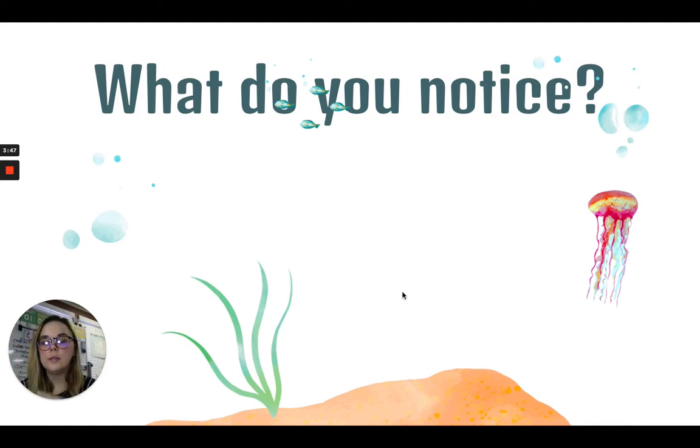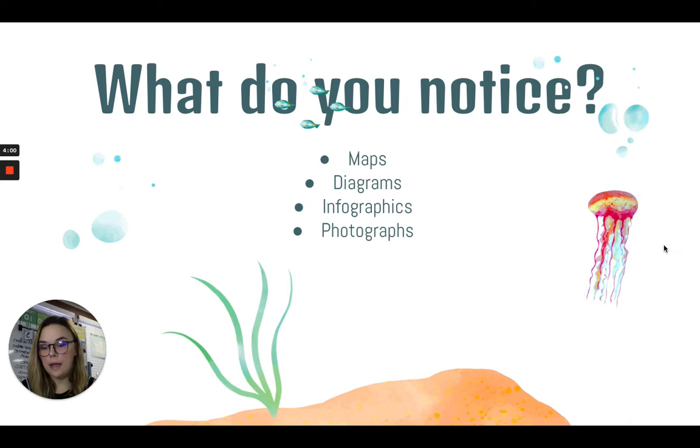There are some things that we might see in some informational texts and some that we might not. But we might see maps, diagrams, infographics, photographs, actual photographs usually. Just the facts, ma'am. So we're only going to see facts in our informative text. We're not going to see the author's opinions or anything like that.